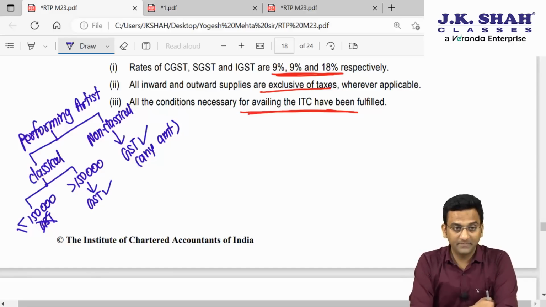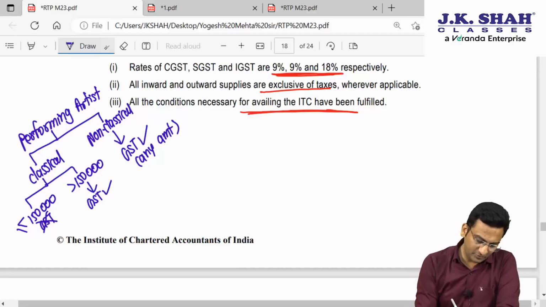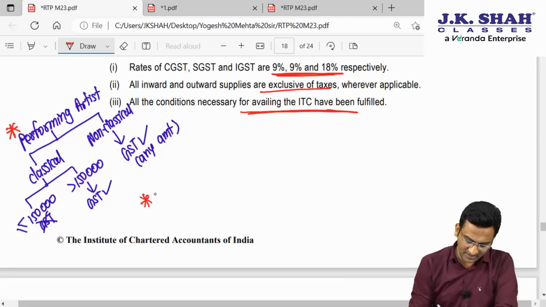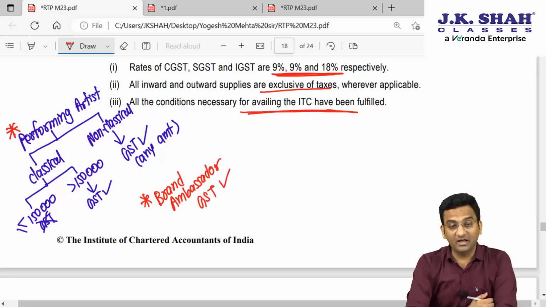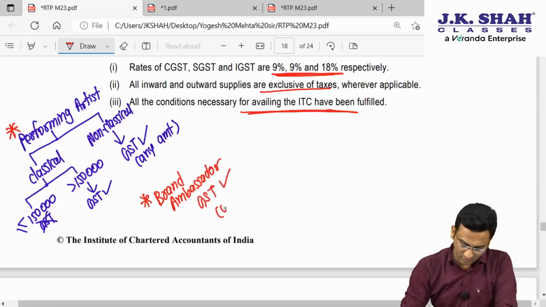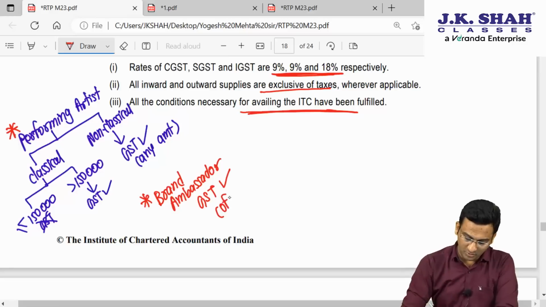Correct friends? Also, if this performing artist has given a performance and he is a brand ambassador, then the transaction will be taxable, even if the amount is less than or equal to 1,50,000.